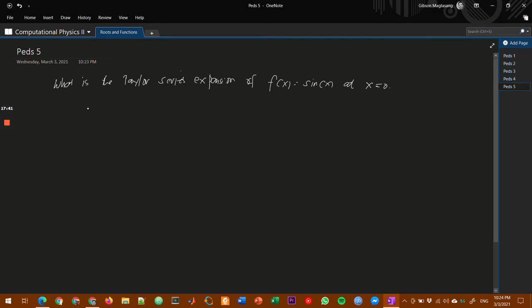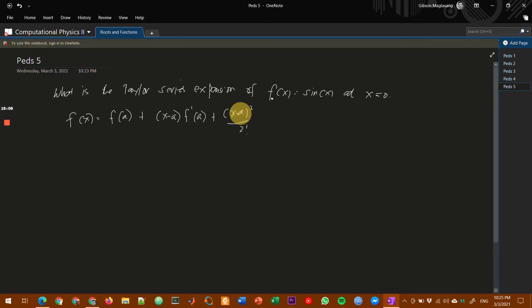Recall our formula for the Taylor series expansion. We have f of x equals f of a plus x minus a f prime of a plus x minus a squared over 2 factorial f double prime of a plus, so that's the pattern, cubed, so this must be over 3 factorial, then the triple derivative of a. Because as we said earlier, up to the third derivative gives four terms.